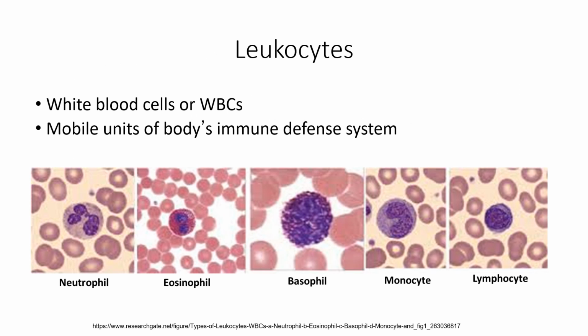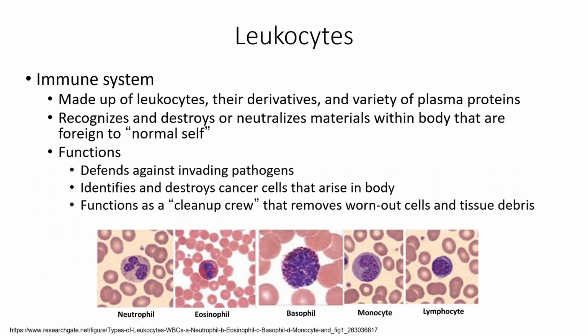Last part of this, talking about leukocytes. Leukocytes, meaning the white blood cells, are the mobile units of the body's immune defense system. The immune system is made up of leukocytes, their derivatives, and a variety of other plasma proteins.